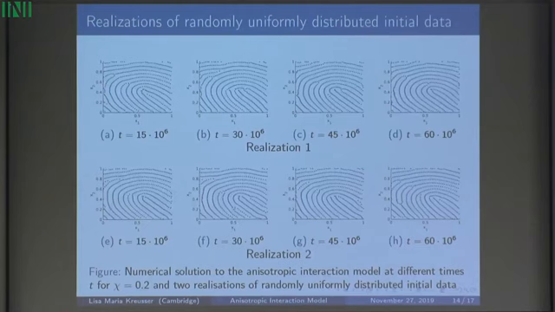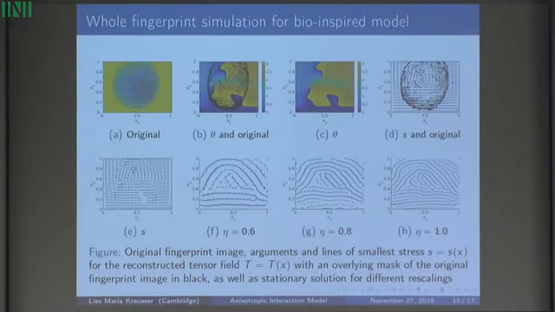Then another question which arises in terms of fingerprint simulations is to be able to vary the width between the lines. And indeed, this is also possible with our models.